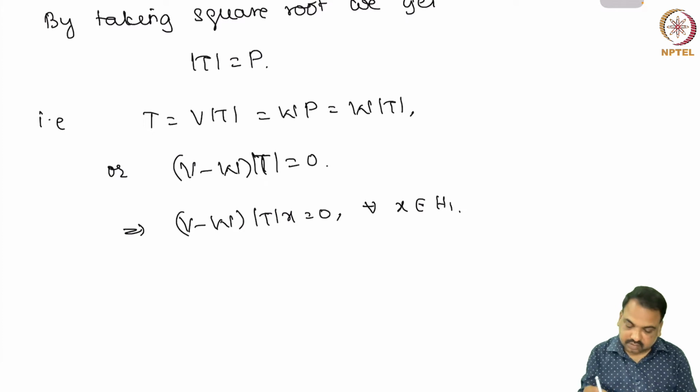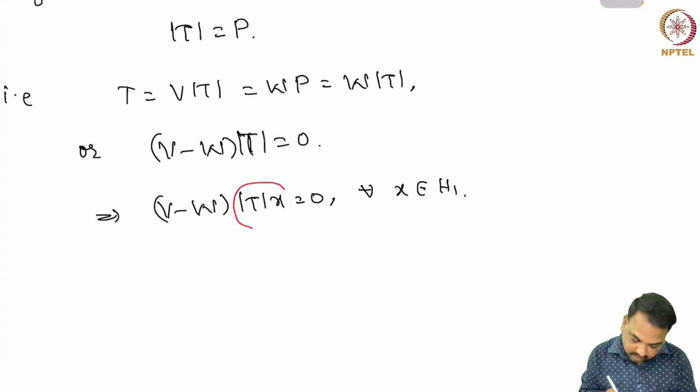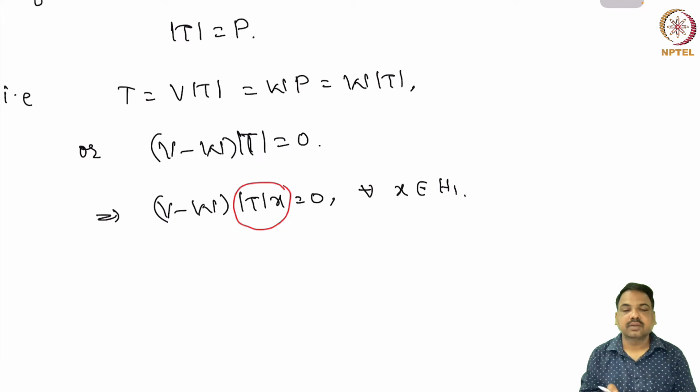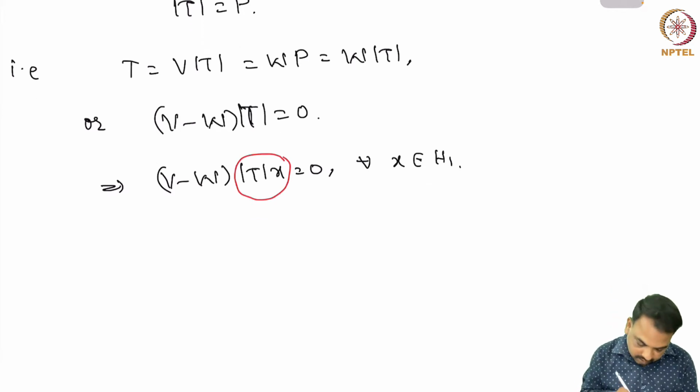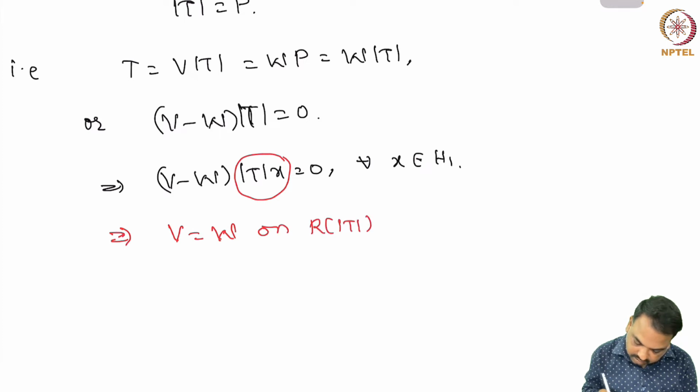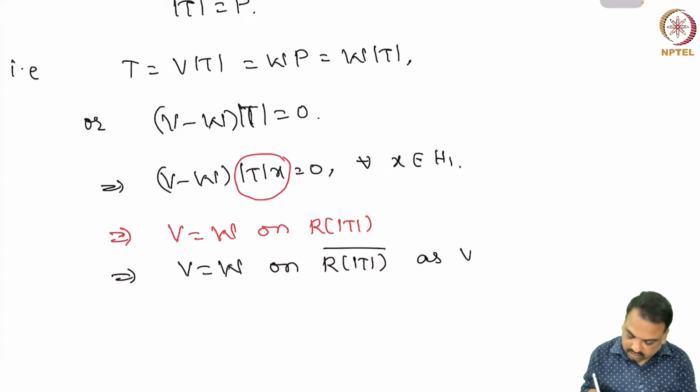That means V equal to W on this kind of elements, mod T x. Mod T x is an element of range of mod T, and V minus W is a bounded operator, so we can show that V equal to W on range of mod T. So we can say that V equal to W on range of mod T closure as V minus W is bounded.